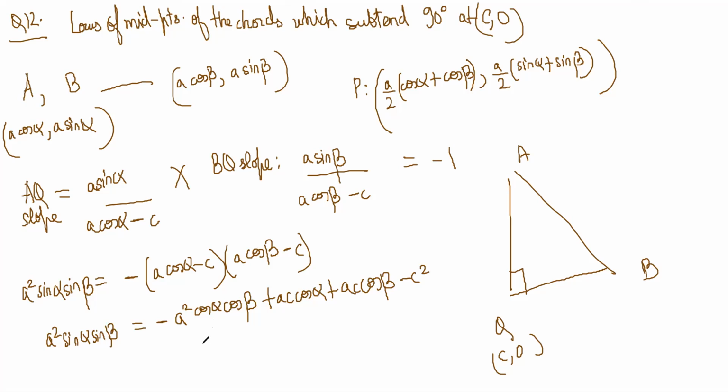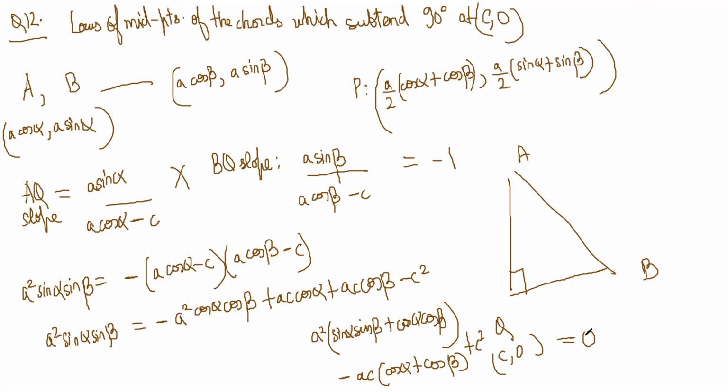So what we are getting is A square common, sin alpha sin beta plus cos alpha cos beta, minus AC into cos alpha plus cos beta, plus c square is equal to 0. So this is one equation.